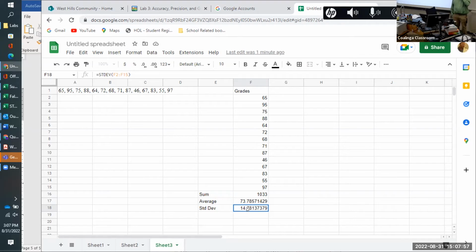Okay, anybody having problems? Pretty straightforward. So then you can use this data to fill in the chart. I'm going to let you guys play with that yourself, because then you're going to use the standard deviation to calculate the grade. So make sure you read the instructions. It should be on the next page.